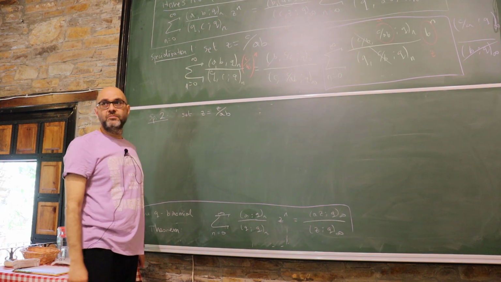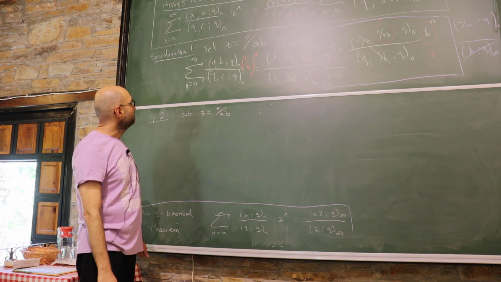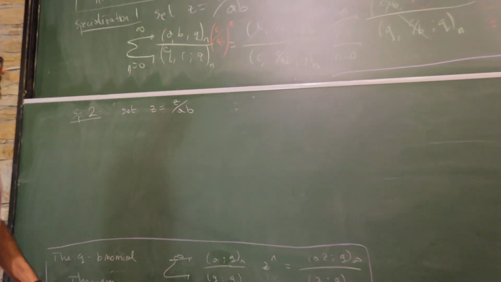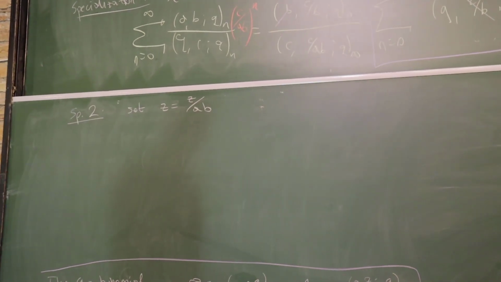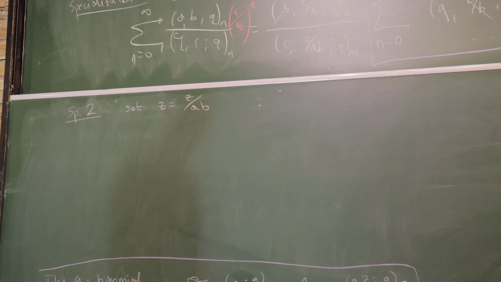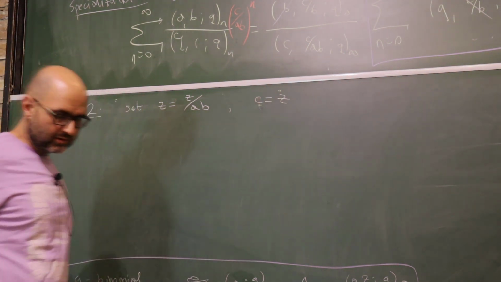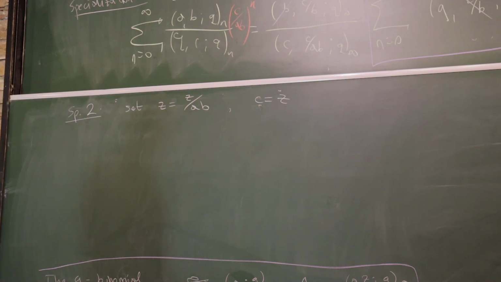Let's replace z by z divided by a times b. And then, what am I going to do? I will set c equal to z as well. And then I will send a and b to 0.